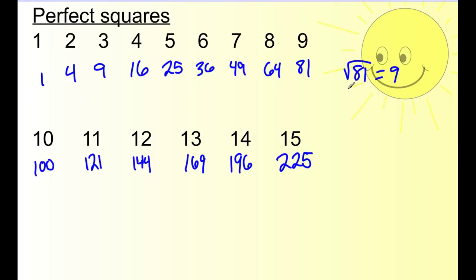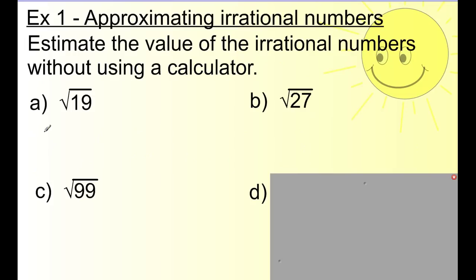Well, the square root of 19 is someplace between here. So I'm going to say square root of 16, square root of 19, square root of 25. These were the two perfect squares that are around 19.